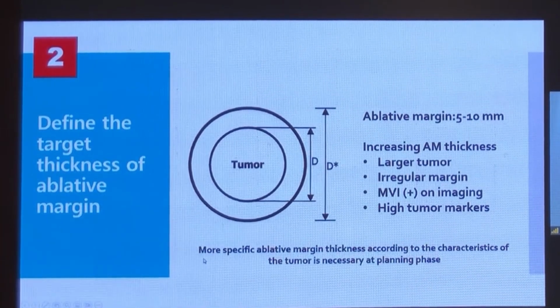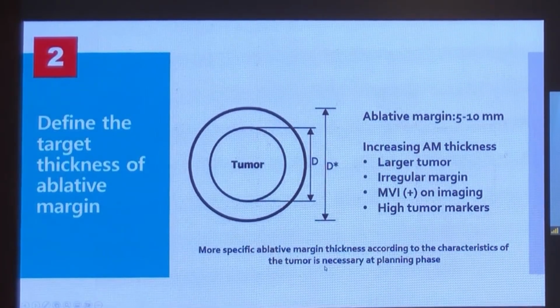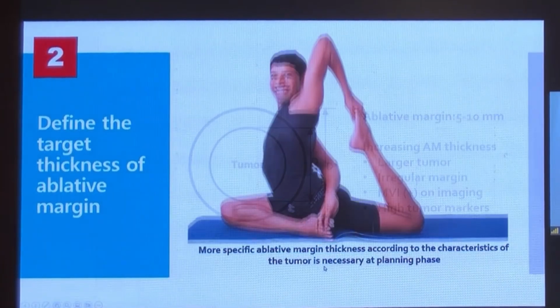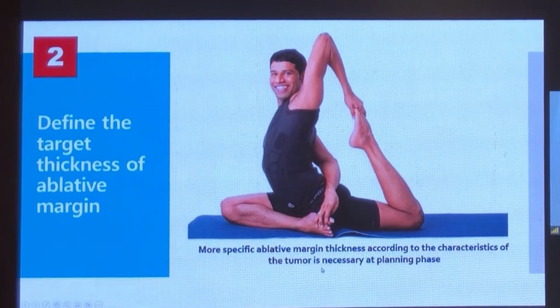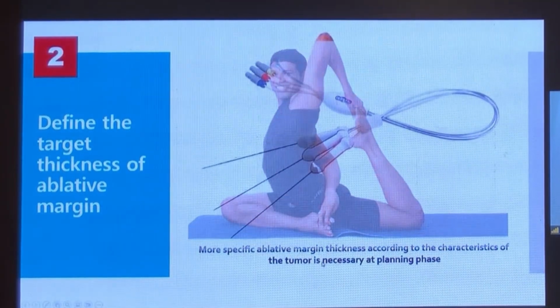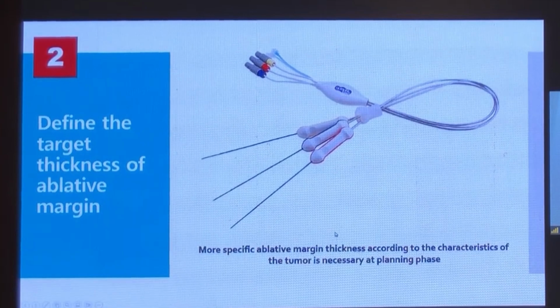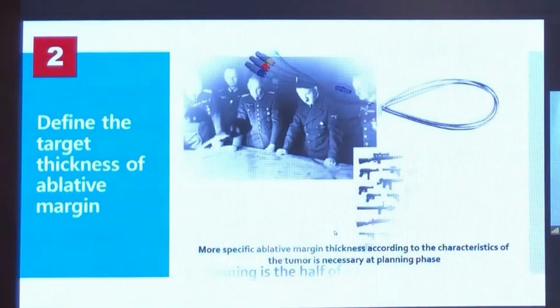So more specific ablative margin thickness according to the characteristics of the tumor is necessary at the planning phase. We should be more flexible with ablative margin depending on the tumor characteristics. In that sense, multiple applicators may have more benefit compared to a single applicator.